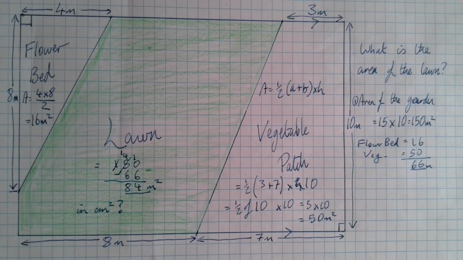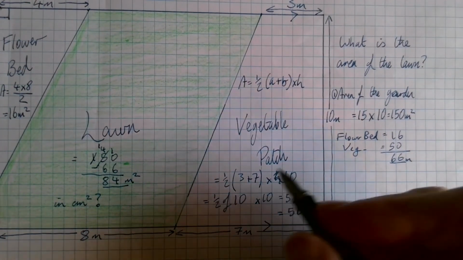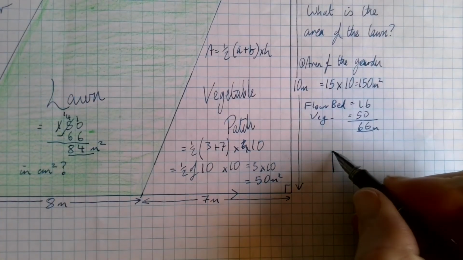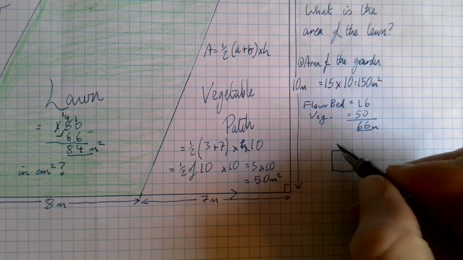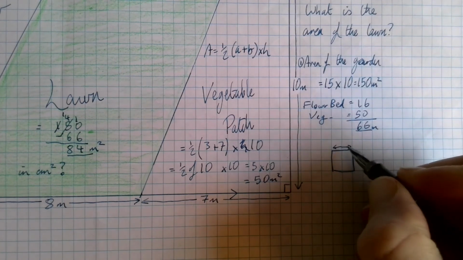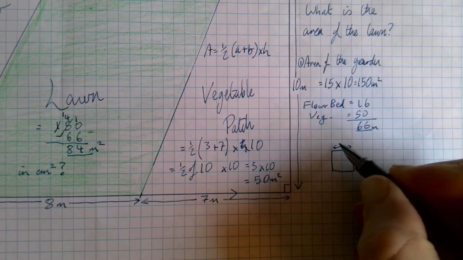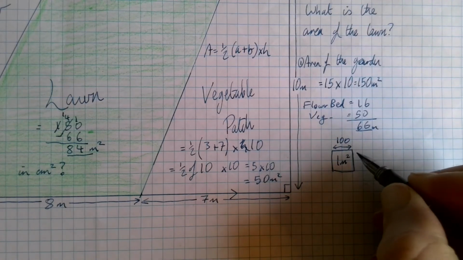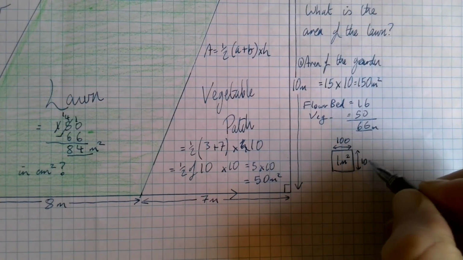How do we do that? Well, first of all, think about how many square centimeters in a meter squared. So a meter squared, if we call that as our meter, all I want you to do is write down how many centimeters make a meter, and it's 100, so this is our 1 square meter, and 100 centimeters there.